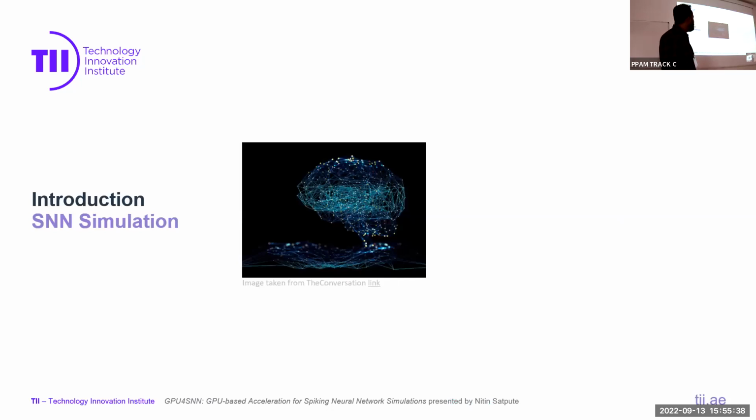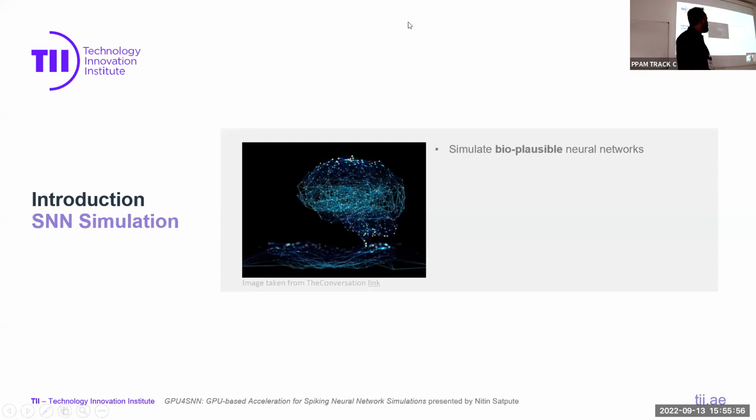So, introducing the SNN simulation: why SNN? SNN is basically the spiking neural network, but why only SNN? We can go with the ANN as well. But the reason is SNN is more robust, because an ANN can easily be fooled if you vary some input pixels slightly. And also, it's a biological neural network.